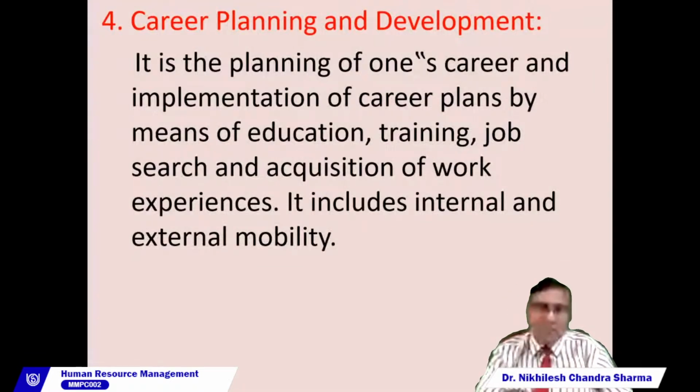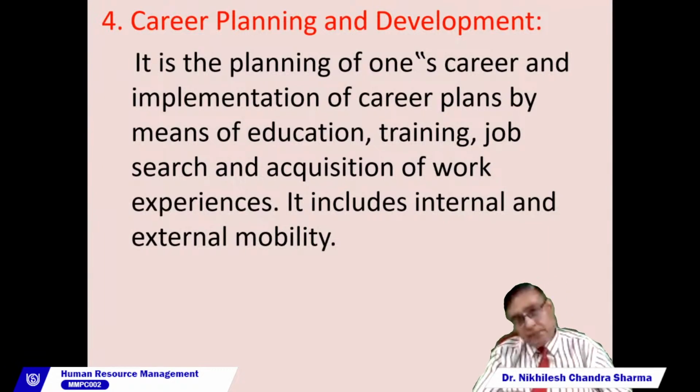Time to time, the HR managers design specific programs which are correlated with the career. When it is correlated directly with the career of an employee, we can say this is career planning.